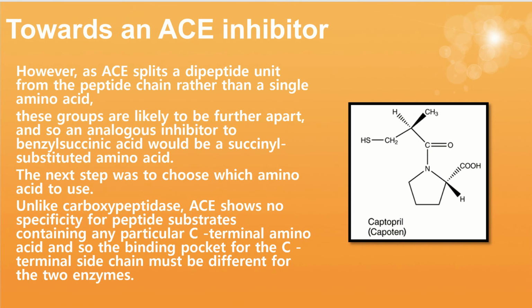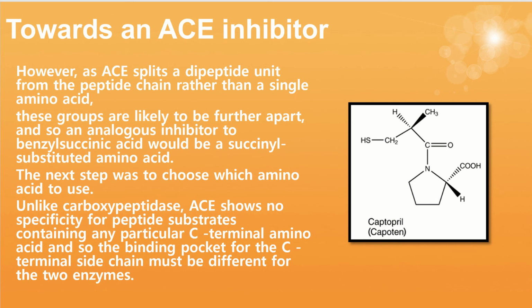However, as ACE splits a dipeptide unit from the peptide chain rather than a single amino acid, because we know this already from our introduction, these groups are likely to be further apart, and so an analogous inhibitor to benzyl succinic acid would be a succinyl substituted amino acid.